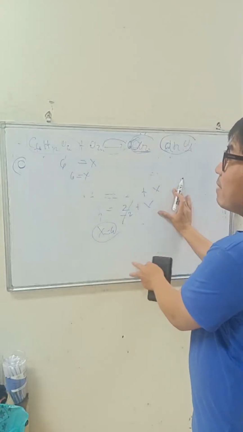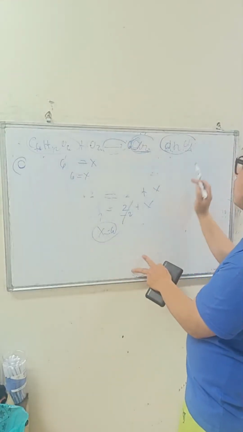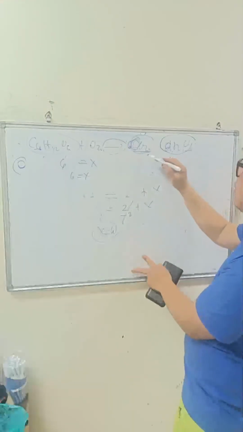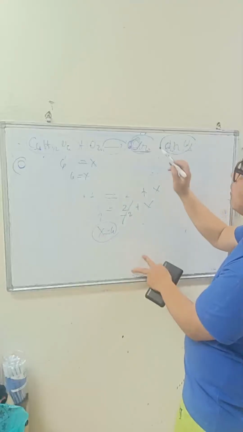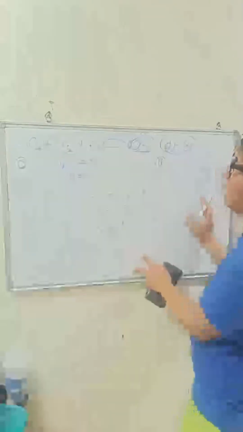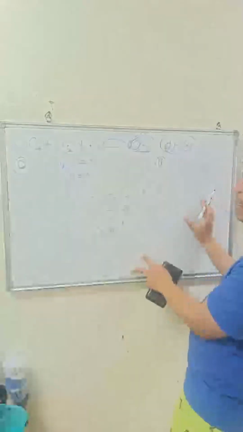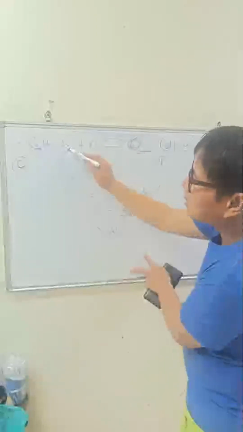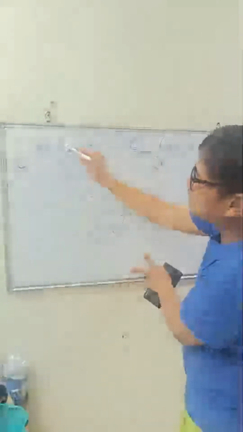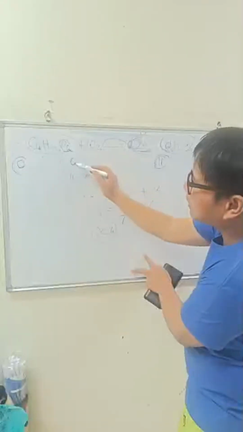Now, is our oxygen balanced? 6 plus 6 is 12, 18. Here, 18. Look at the math, 18 is good.